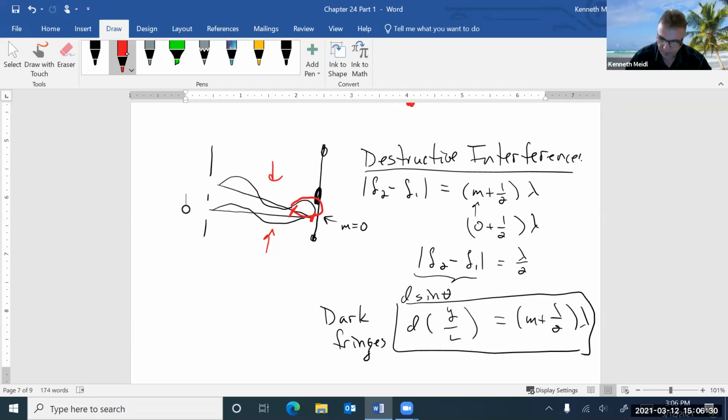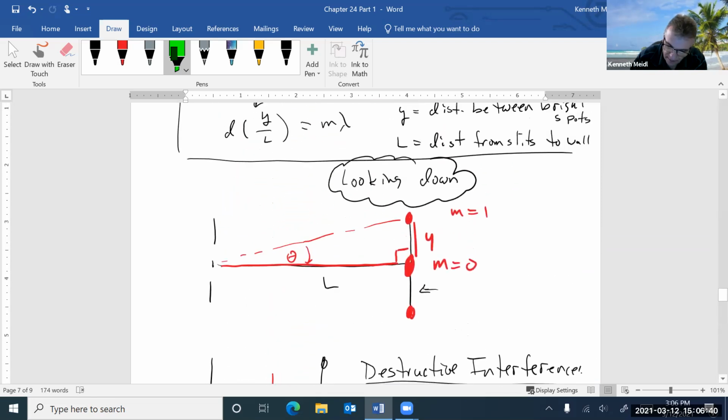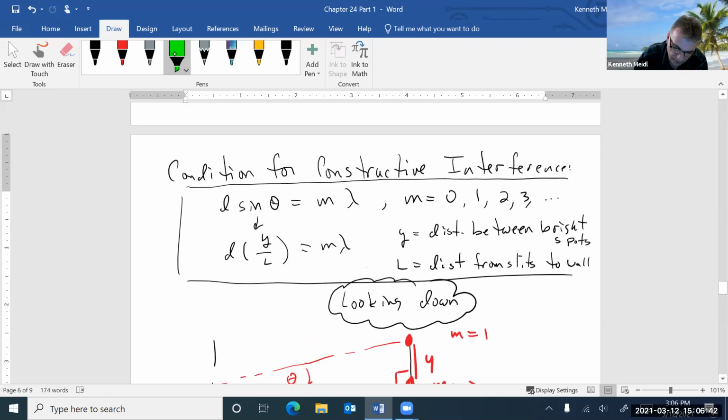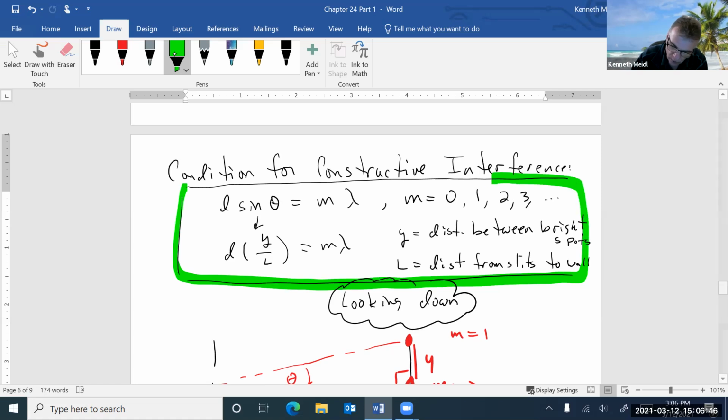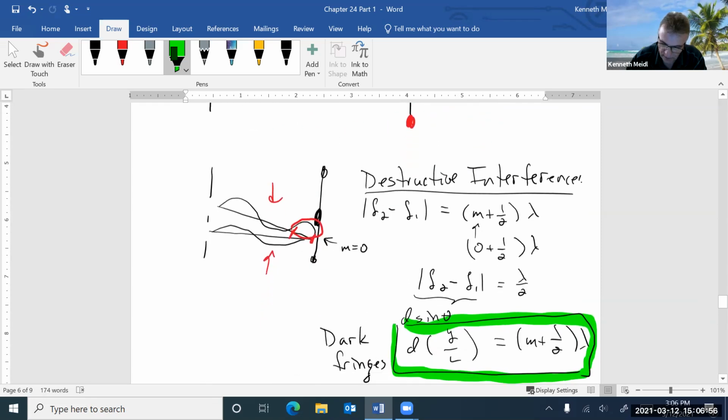Okay, so this guy right here is something that we just need to know. And this guy right here, we need to know. Those are the working results, with some approximation, for the conditions for constructive interference and for destructive interference.